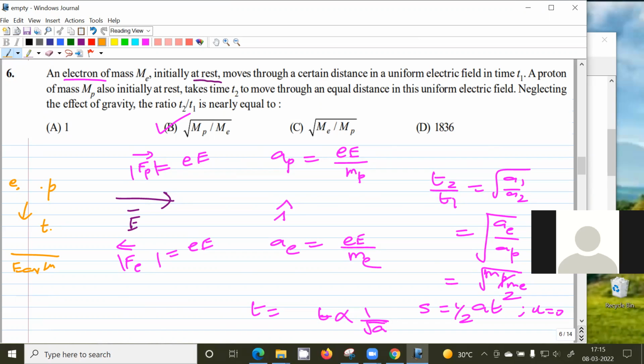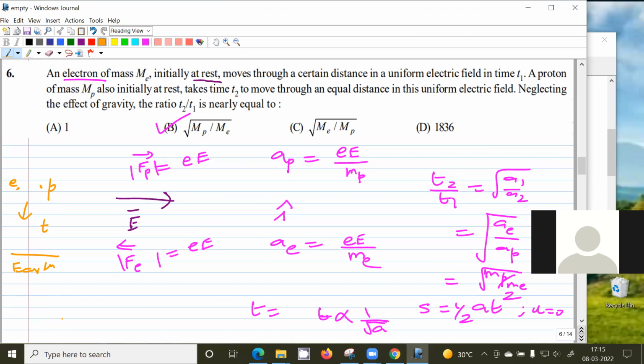Different only, sir. Why? It's falling under gravity. Earth means it will fall vertically, no? Okay, vertically. Earth is down. I'm dropping electron and proton from a height. So what is the time taken for it to reach the Earth? Both of them, will it be same?